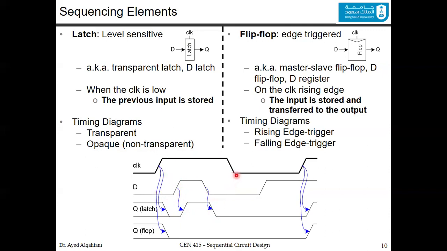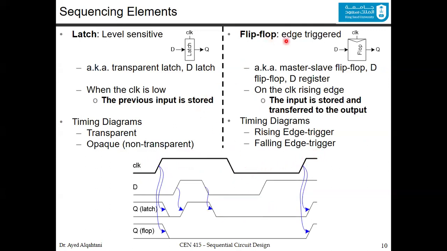When the clock goes low again, the Q never sees the D at all. It only stores its previous value. The previous value here was 0, so it continues saving 0. So basically, level-wise, you have storing here, transparent here, storing here, transparent here, and so on.